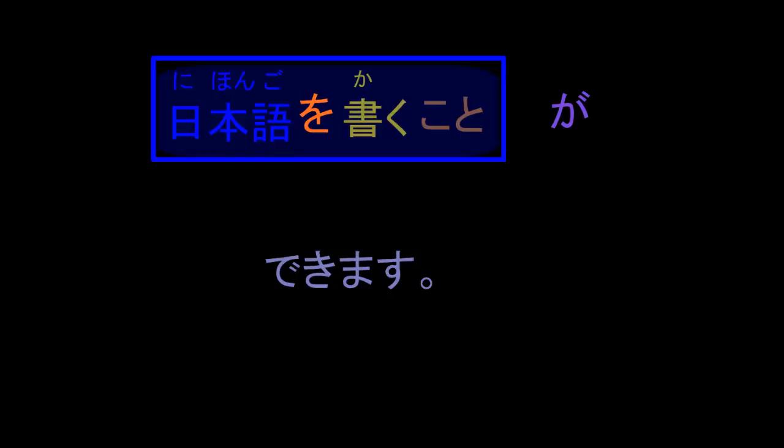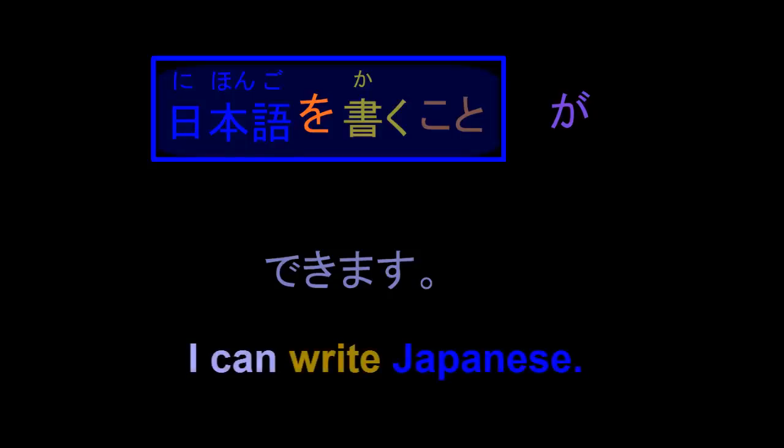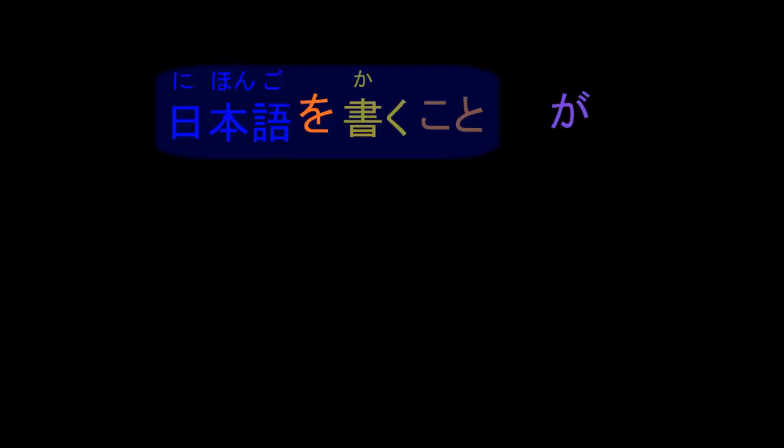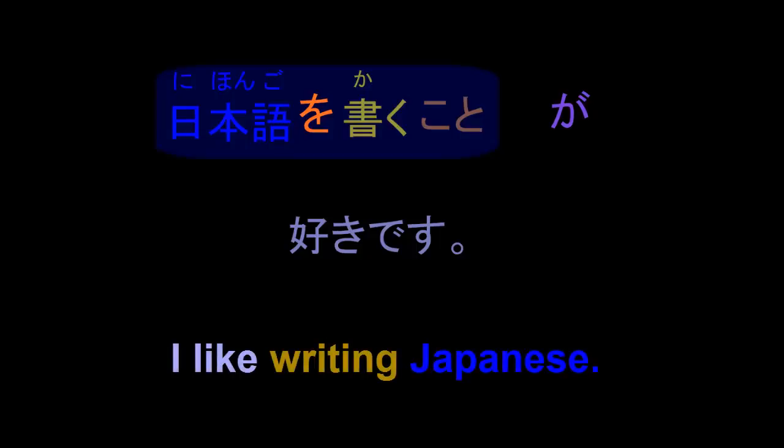And it's what we can do. So we put the whole thing together and we get Nihongo o kaku koto ga dekimasu. I can write Japanese. And again, if we swap dekimasu for suki desu, we can use the same basic sentence structure to say I like writing Japanese, or Nihongo o kaku koto ga suki desu.